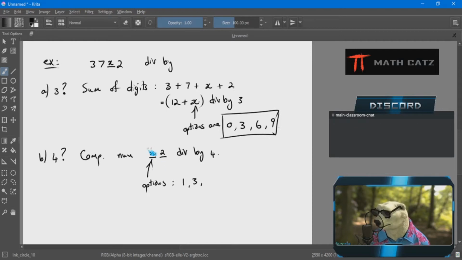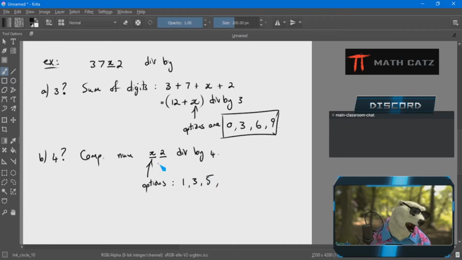So the next one to test is 52. Would 52 work? Yeah, I think so. We would divide by 13. So 5 would work for the missing digit.